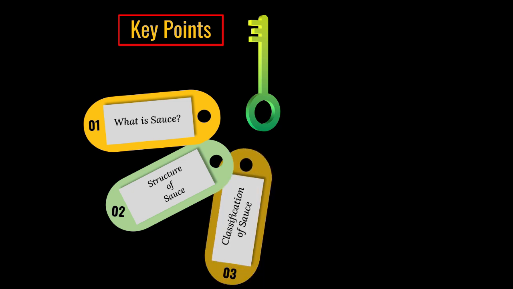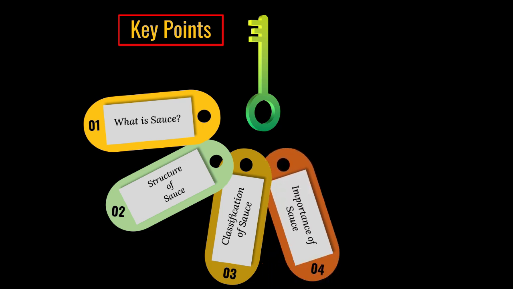Once, as a chef, you know the structure of making sauce, it will be very easy for you to prepare sauces. Then classification of sauce, which is very important. There is a great kingdom of sauces in the world. We should know exactly the classification of sauces. Again, it will be easy for us to remember and categorically mention their names and use them in preparation.